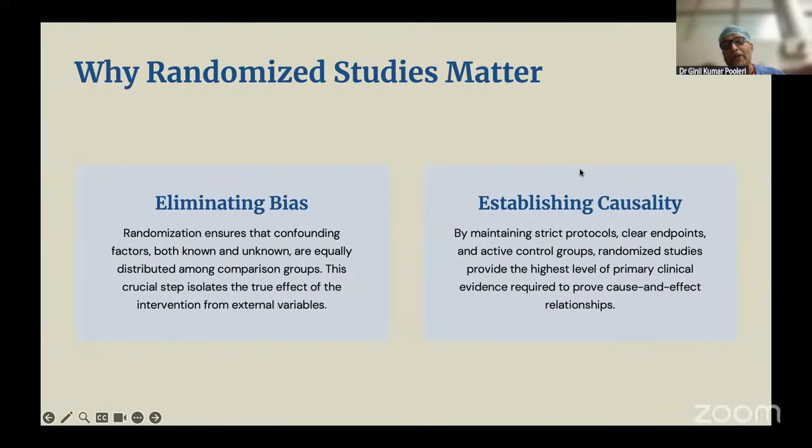And this is the best way to identify causality, whether a particular factor causes the disease or whatever you are studying. We have clear protocols by which external factors are not going to affect our study. How we do this, we will study in this presentation.